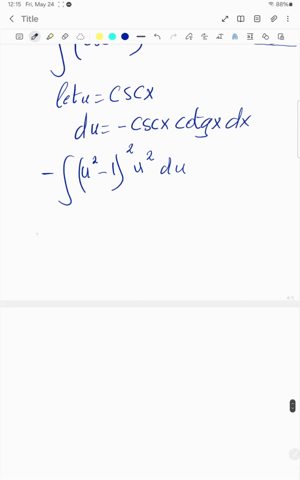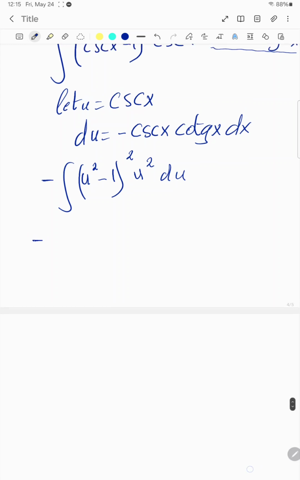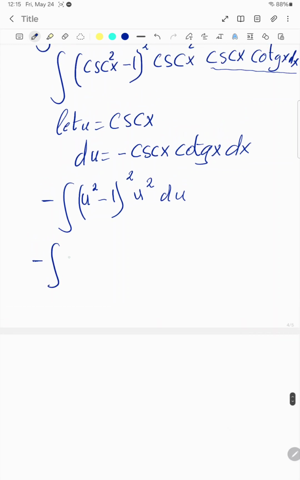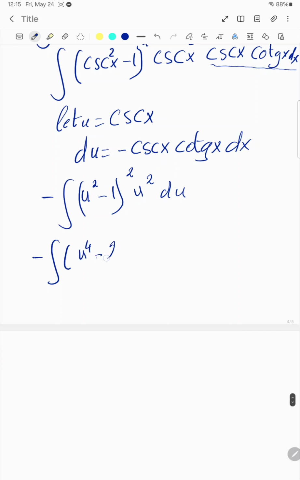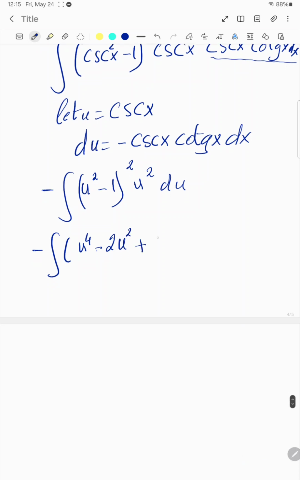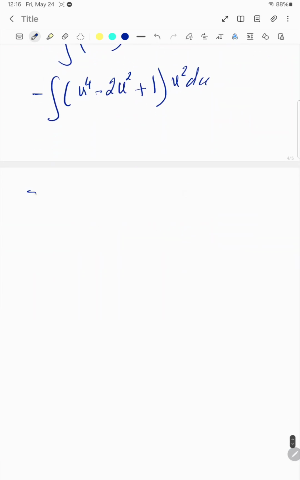So let's resolve it. So a minus b square is equal to a square minus 2ab plus b square. So a square is u to the power of 4 minus 2 times u square times 1, which I'm not going to write, plus 1 square, it is 1, and all that multiplied by u square du. And let's resolve this.